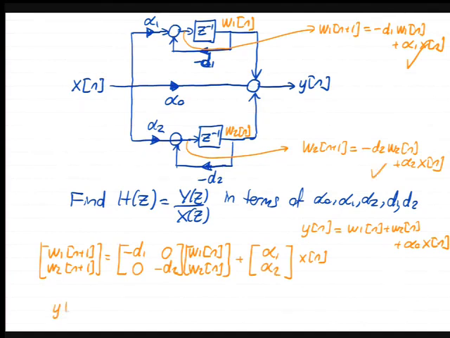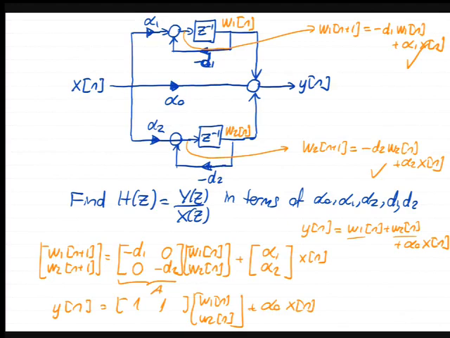And then y of n, 1 and 1, right, for these two, plus alpha 0 times x of n. So this is my A, this is my B, this is my C, and this is my D.